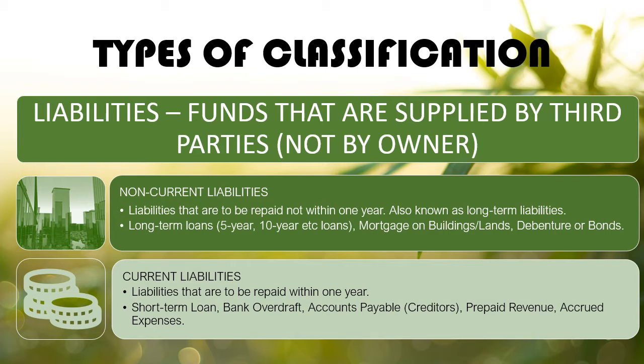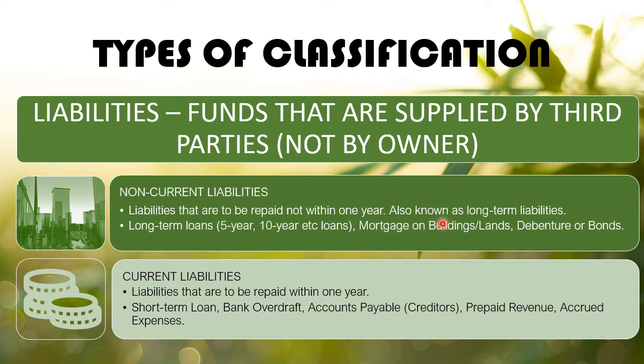So just like I said, we can classify the liability into two types, which are the non-current liabilities and current liabilities. So non-current liabilities are all liabilities to be repaid not within 1 year.